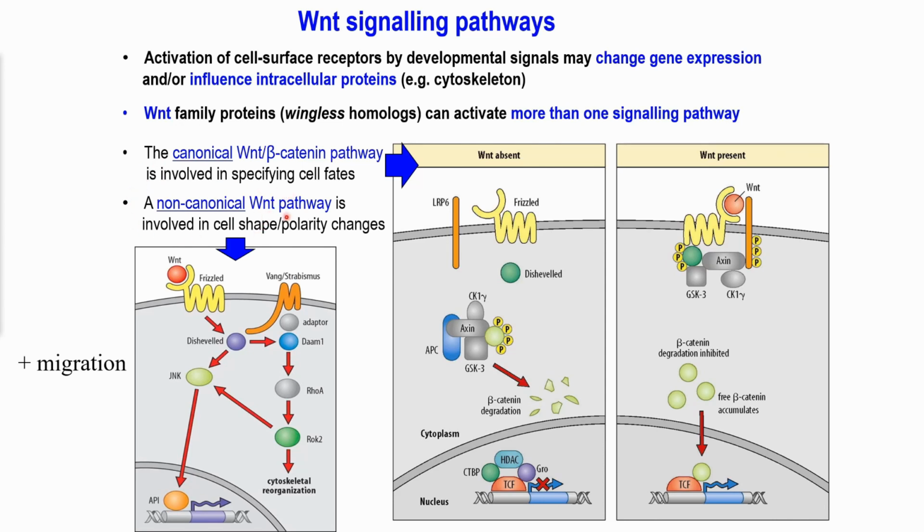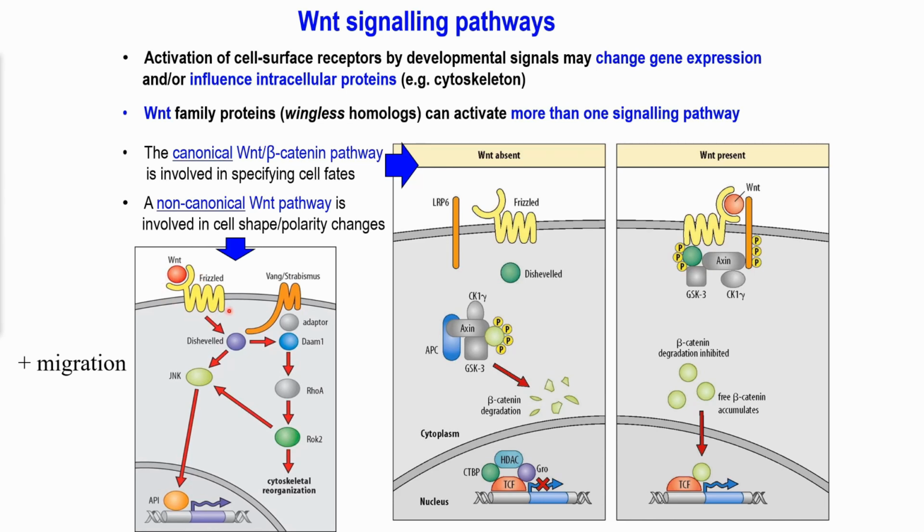And the non-canonical pathway is involved in cell shape changes, and these can be important for migration, particularly in cancer cases where we have changes in expression of Wnt proteins, and this can encourage the cells to start migrating and metastasizing. Right? So in this non-canonical pathway, Wnt is the ligand that is secreted from cells.